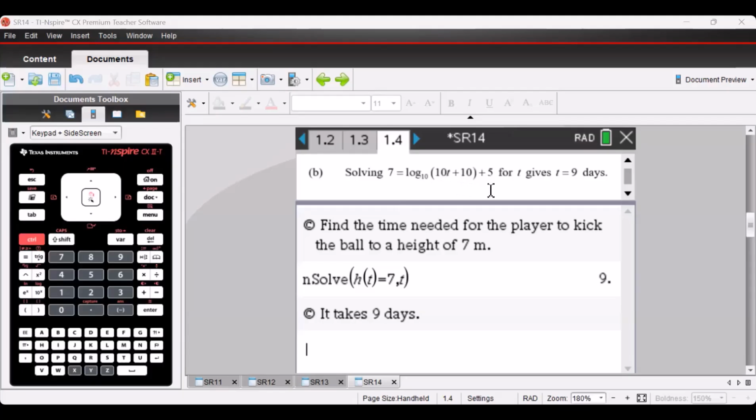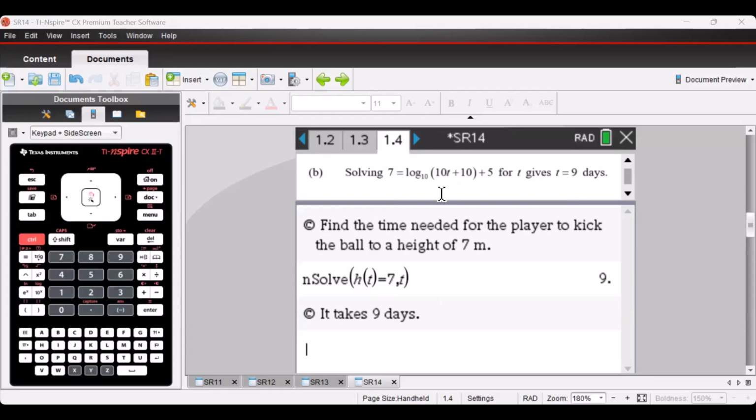And I can show you mentally how to get t equals 9, and then I'll show you how to use Inspire to get the answer t equals 9. What you can do here is subtract 5 from both sides. So log to the base 10 of 10t plus 10 is equal to 2.